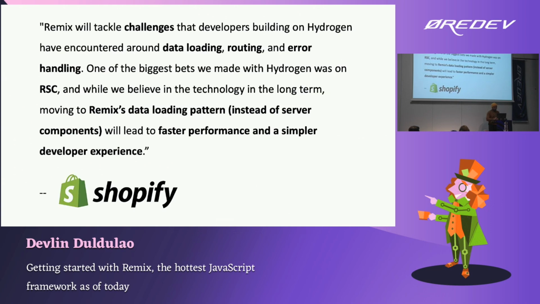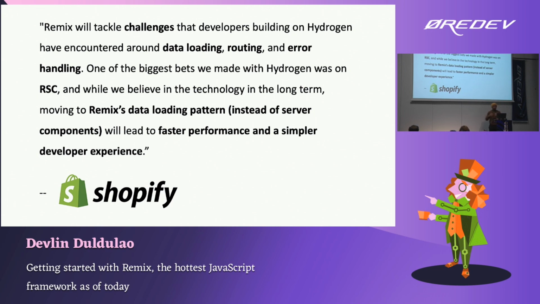Here's the reason why Shopify picked Remix. Remix will tackle challenges that developers building on Hydrogen, a meta framework that Shopify created, have encountered around data loading, routing, and error handling, which is in Remix.